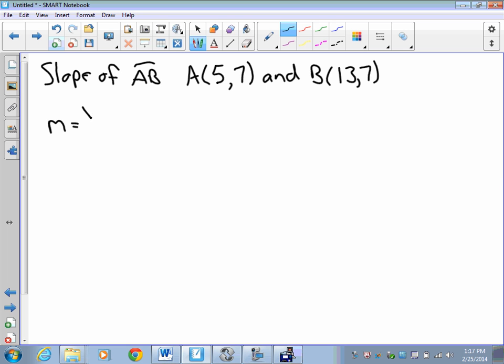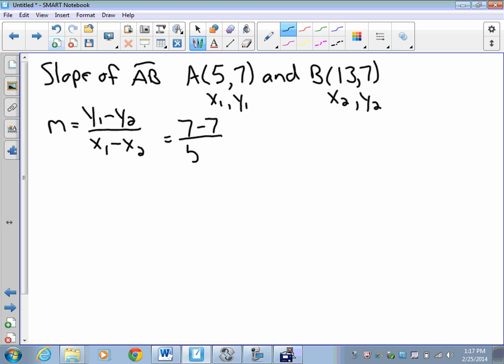So it was y1 minus y2 over x1 minus x2. So once we have this, we just fill in the numbers. 7 minus 7 over 5 minus 13. It's 0 over negative 8, which is just 0.